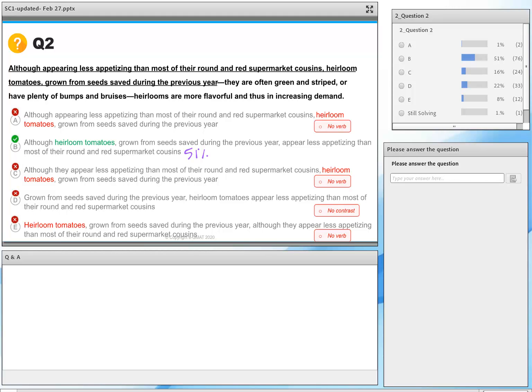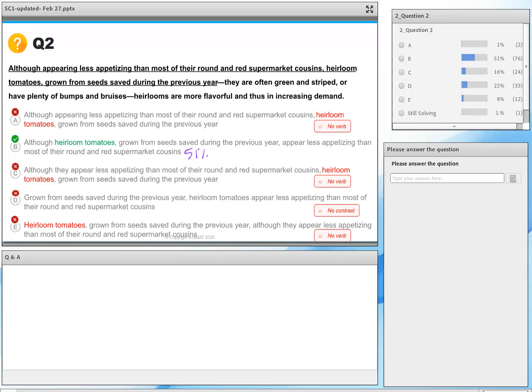Now, if you miss that subject-verb concept in the original sentence, you need to make sure that you really understand that whole idea that every subject needs a verb, right, in order for it to work in the sentence. Okay? The subject has to have something to do. It needs a verb to be compared with. So that's that subject-verb must exist rule. Okay? And then choice E, again, very few people landed on choice E, but again, no verb for heirloom tomatoes.